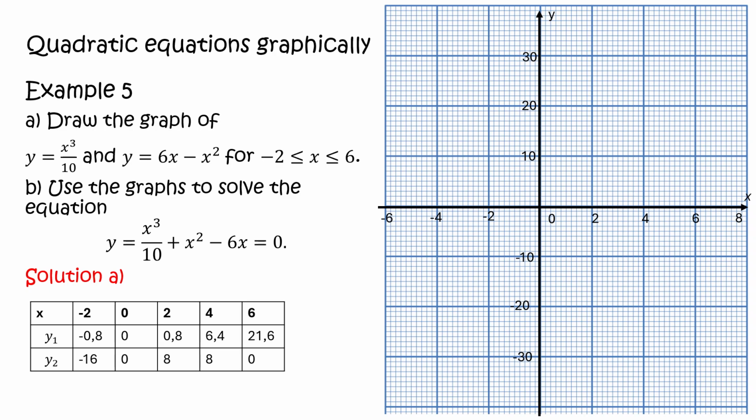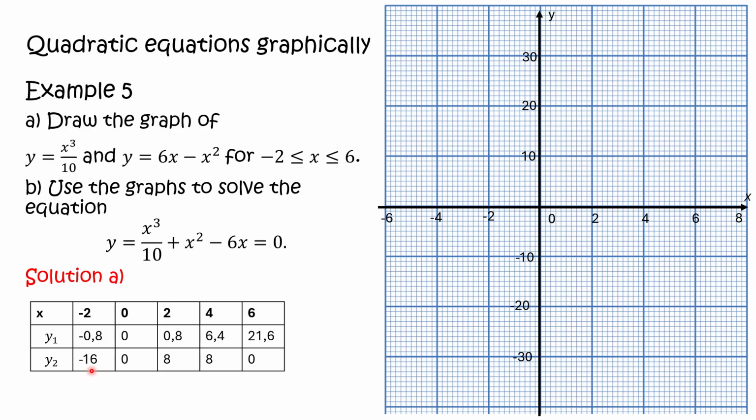So in our graph, we make sure that the scales represent all the points that we have over here. So now this one looks a little bit different from other questions that we've been looking at. So for the x-axis, if we use 2 centimeters to represent 2 units, we are able to cater for all the x values. But on the y, we have extreme values.